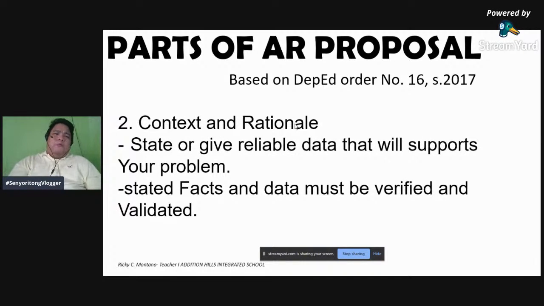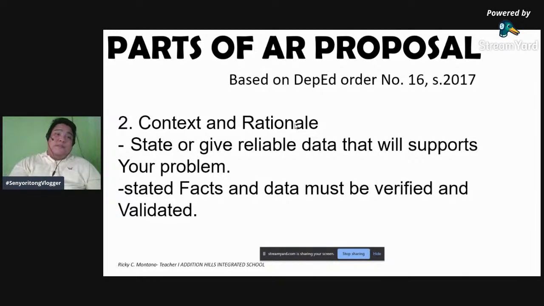So question: what if I am currently teaching lower grades such as Kinder, 1, 2, 3? I think they don't have Phil-IRI in English, right? So of course, you may use evaluation materials or tools.